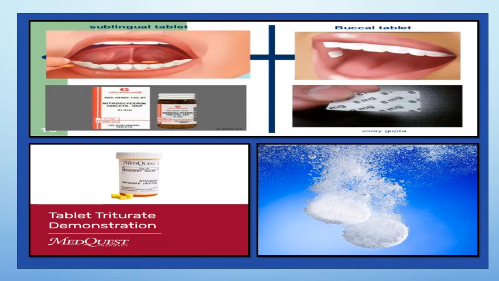Next is the tablet triturate. This is an example of tablet triturate, and in the last picture you can see an effervescent tablet. See, in the presence of water it is showing the effervescence effect.